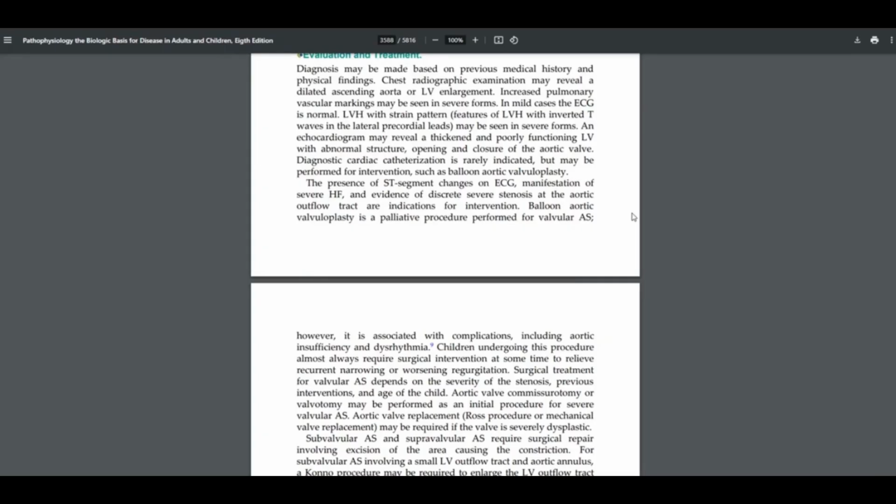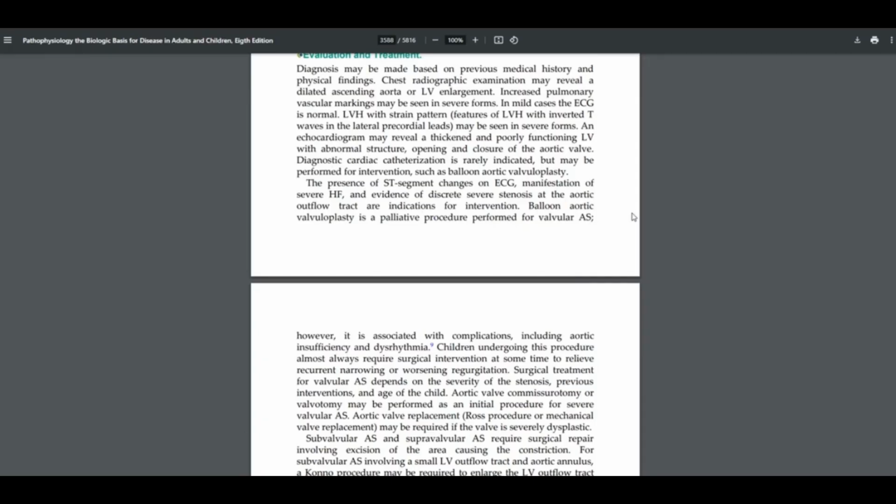Opening and closure of the aortic valve may also be assessed. Diagnostic cardiac catheterization is rarely indicated, but may be performed for intervention, such as a balloon aortic valvuloplasty. The presence of ST segment changes on EKG, manifestations of severe heart failure, and evidence of discrete severe stenosis at the aortic outflow tract are indications for intervention.